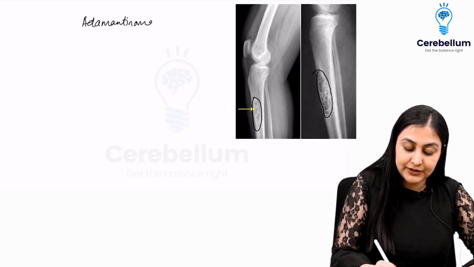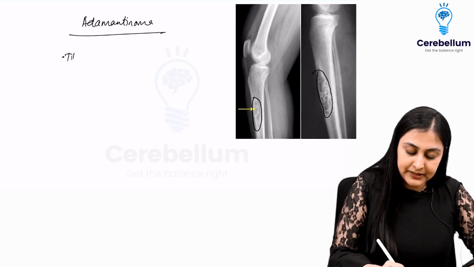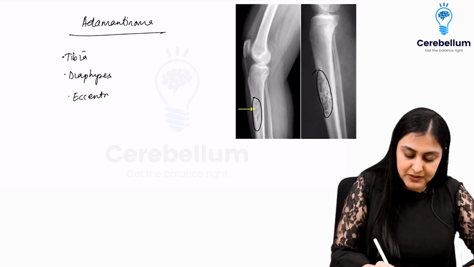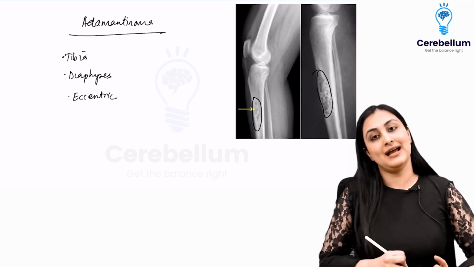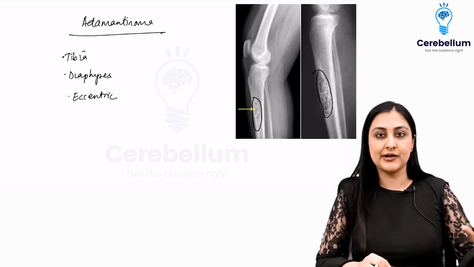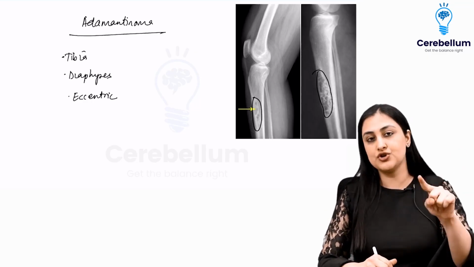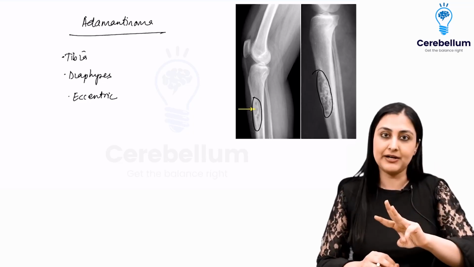So, this is adamantinoma. Remember, tibia, diaphyseal bone lesion, and eccentric. Okay, so these are the three buzzwords that you want to remember for adamantinoma. So this takes care of epiphyseal tumors, ECG, and the three diaphyseal tumors: osteoid osteoma, Ewing sarcoma, adamantinoma.